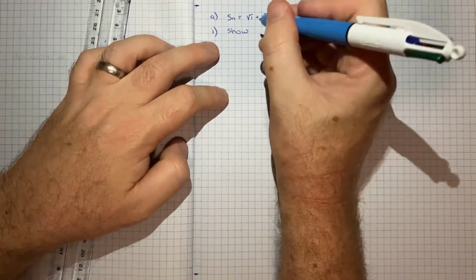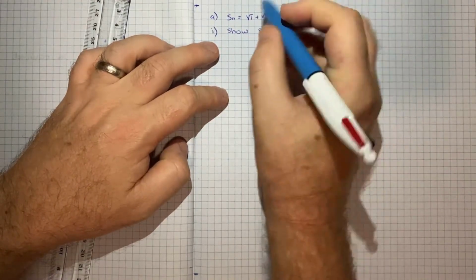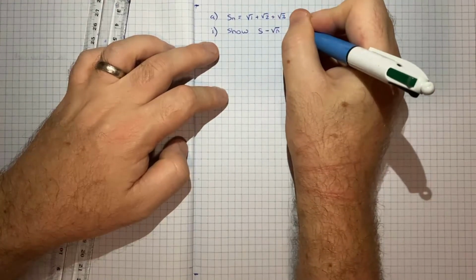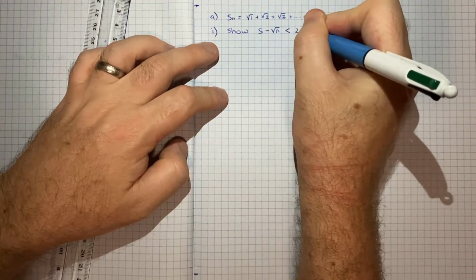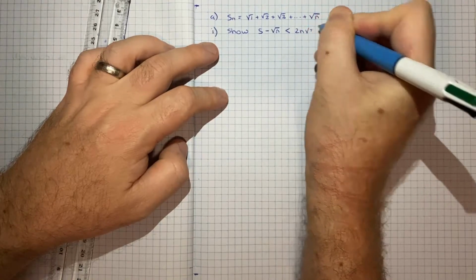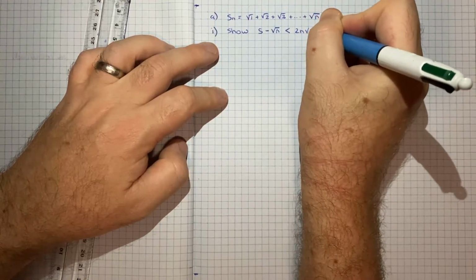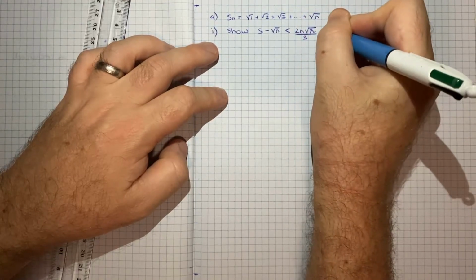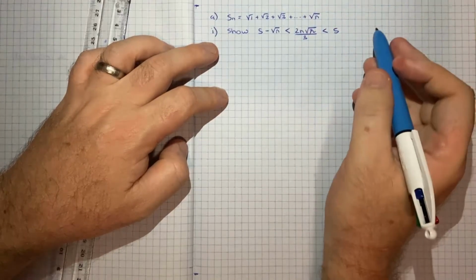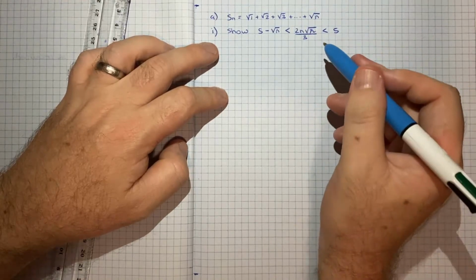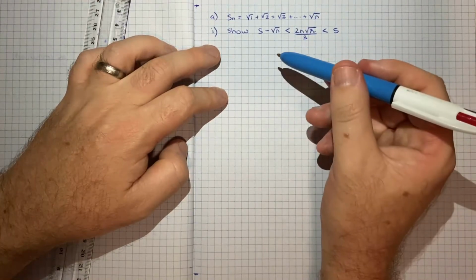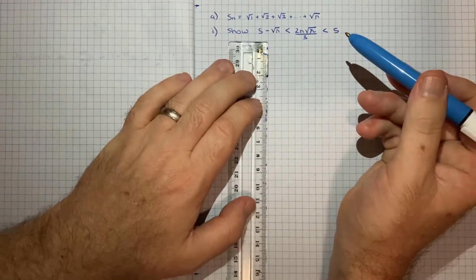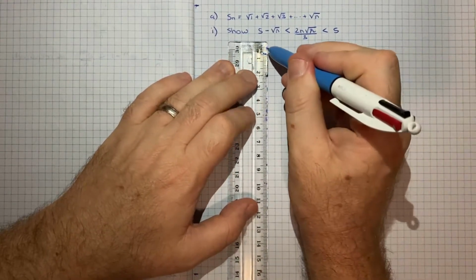The inequality being that Sn, the sum, minus root n, is less than 2n root n on 3, which itself is less than Sn, the total sum. And we're told to consider the curve of y equals root x. So I think a natural place to start would be to draw up that curve.